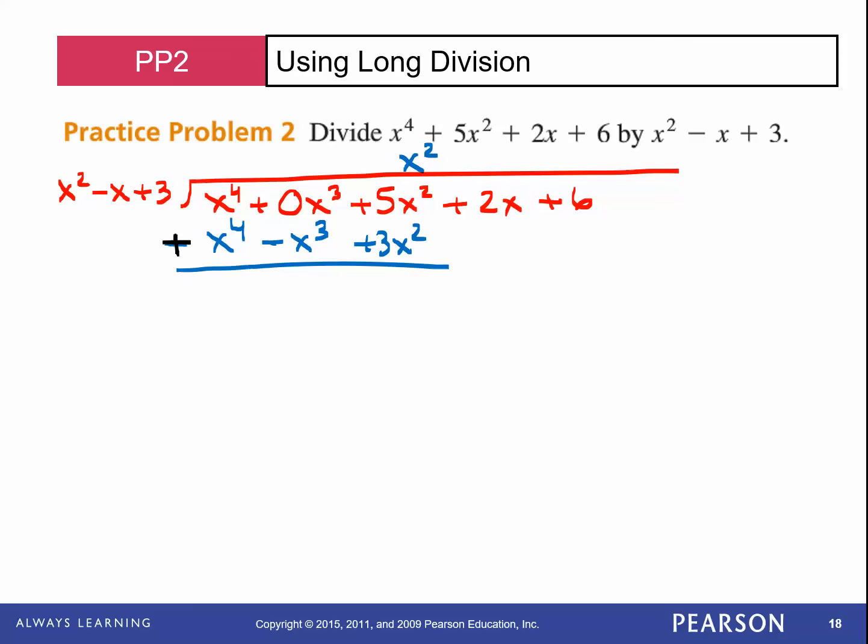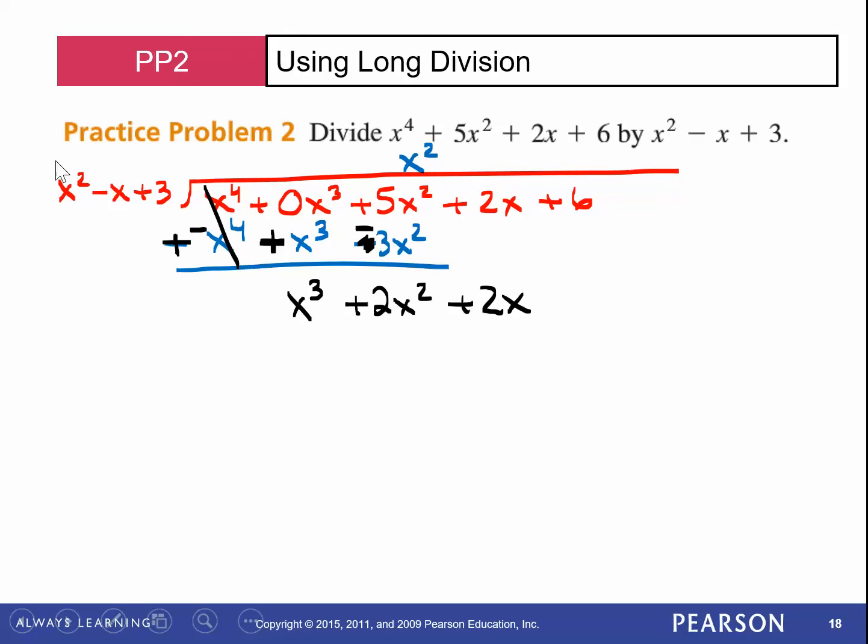So the x to the fourth becomes a negative x to the fourth, the negative x cubed becomes a positive, and positive 3x squared becomes a negative 3x squared. Alright, adding down, x to the fourth are gone. 0 and then 0x cubed and a 1x cubed makes you x cubed. Let's see, 5 and negative 3 make a positive 2x squared, and bless you. And the next term comes down. And we start the process all over again.